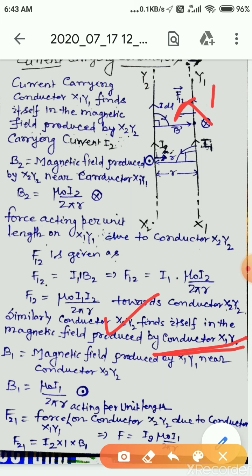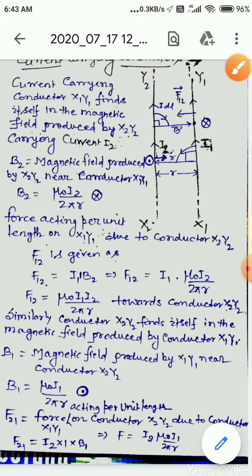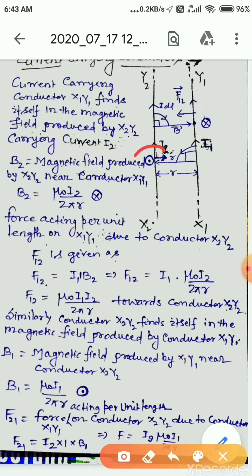So this is the direction of dl. This is the direction of R. So dl cross R, it will be anti-clockwise, so it will come up. So the direction of magnetic field B1 is perpendicular to the plane of the paper and pointing upward.